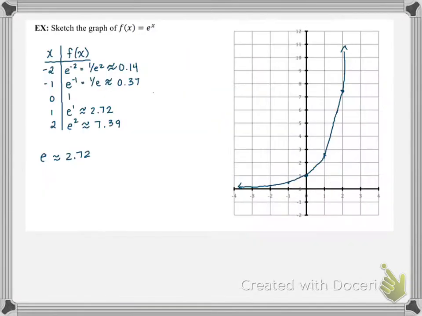The development of e came from doing lots of math with a bunch of exponential functions, steeper and shallower. It turns out this number happens to be the only base which produces a specific tangent line. When x is 0, what's the slope of that tangent line?